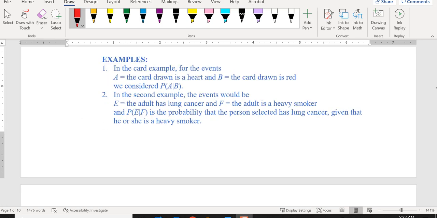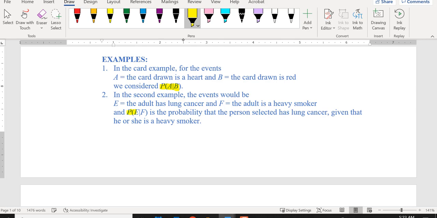In the preceding examples, to set it up, in the card example, if A is the event that the card drawn is a heart, and B is the event the card drawn is red, we're going to consider the probability of A given B. In the second example, the events would be the event E, the adult has lung cancer, and the event F is the adult is a heavy smoker.